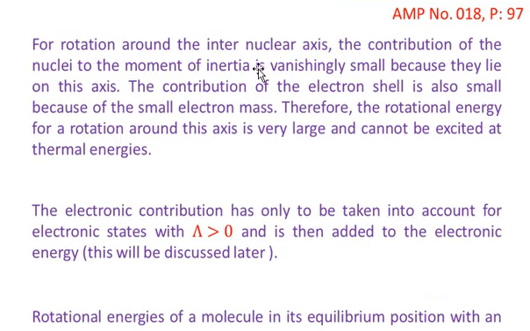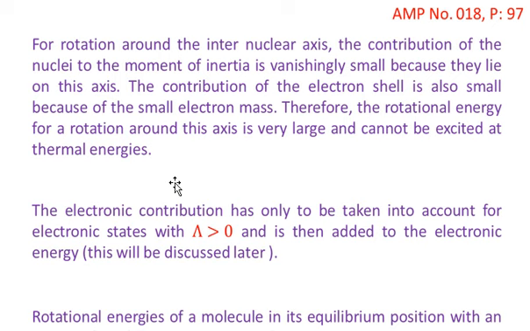For rotation around the internuclear axis, the contribution of the nuclei to the moment of inertia is vanishingly small because they lie on this axis. The contribution of the electron shell is also small because of the small electron mass. Therefore, the rotational energy for a rotation around this axis is very large and cannot be excited at thermal energies.